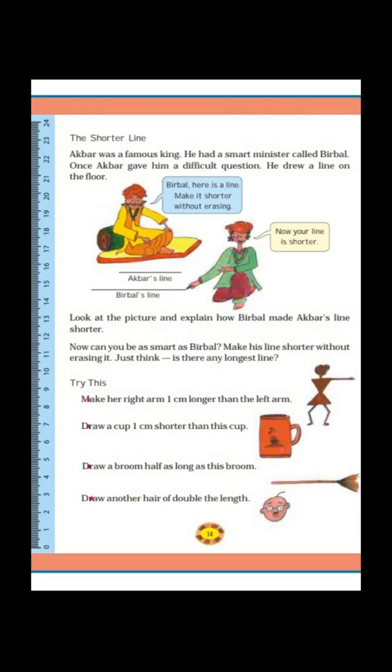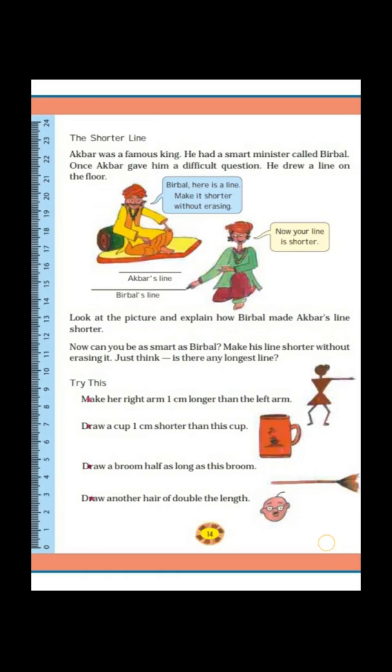Page number 14. The shorter line. Akbar was a famous king. He had a smart minister called Birbal. Once, Akbar gave him a difficult question. He drew a line on the floor and asked Birbal to make it shorter without erasing.